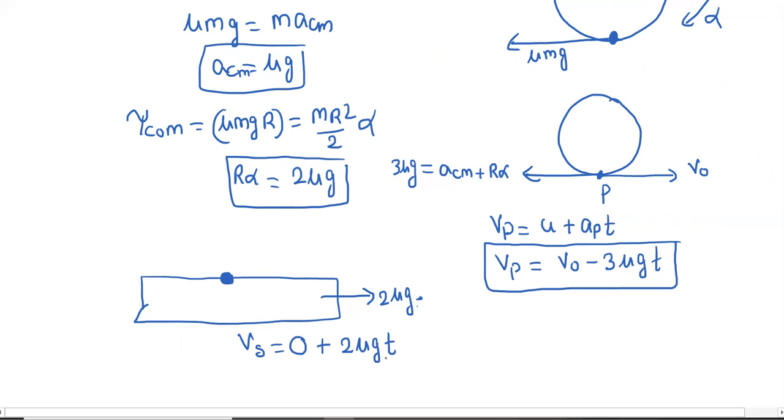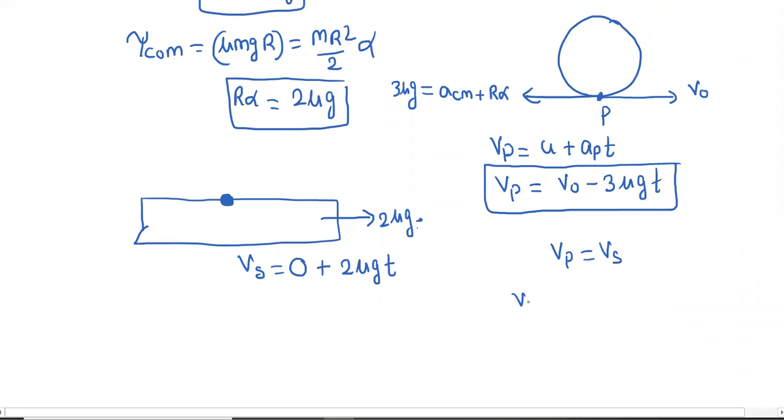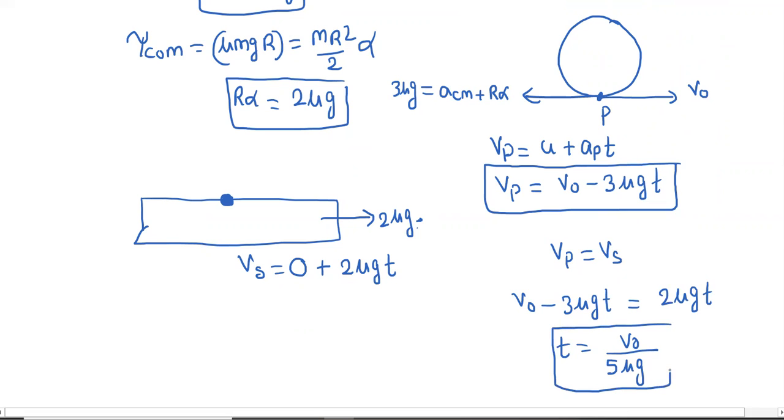Now for pure rolling, velocity of point of contact and velocity of surface both should be the same. So v naught minus 3 mu g t equals 2 mu g t. So t is v naught divided by 5 mu g. This is the time after which you are going to see pure rolling.